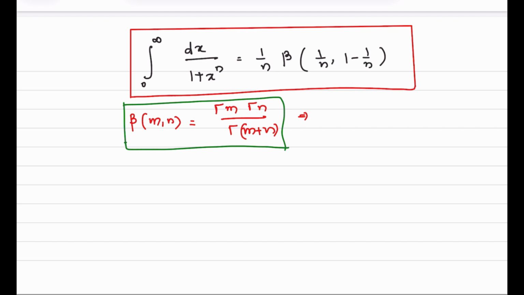Beta 1 by n and beta 1 minus 1 by n: when you add those two, the value is 1.